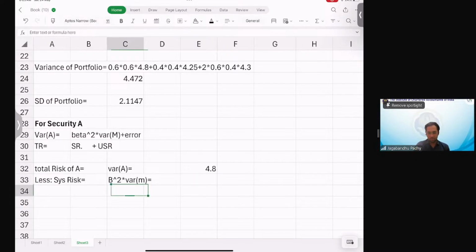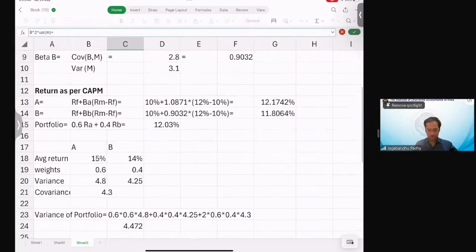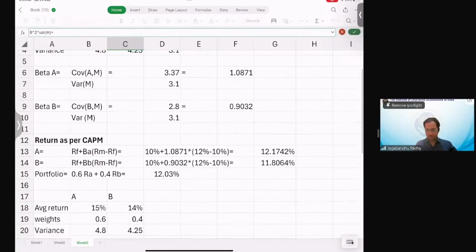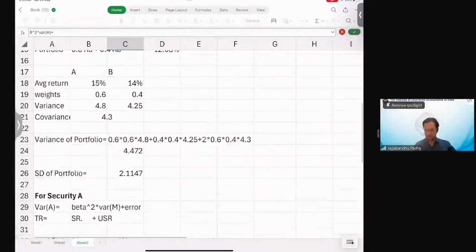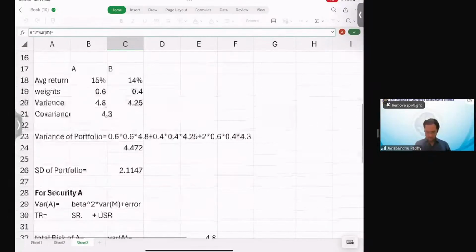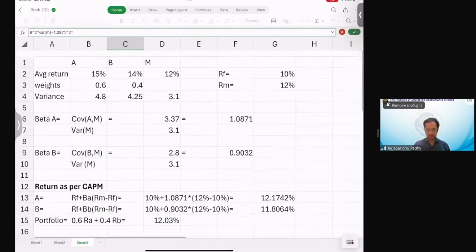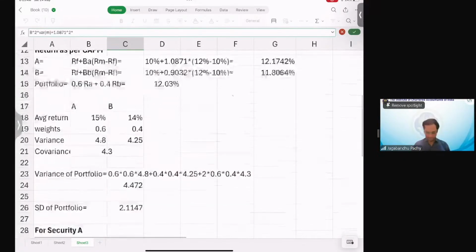So that is going to be like beta for A is 1.0871. 1.0871 square into variance of market. Variance of market is 3.1.